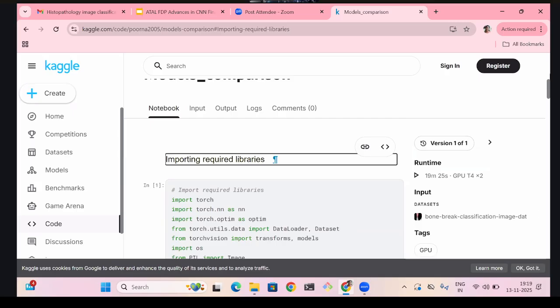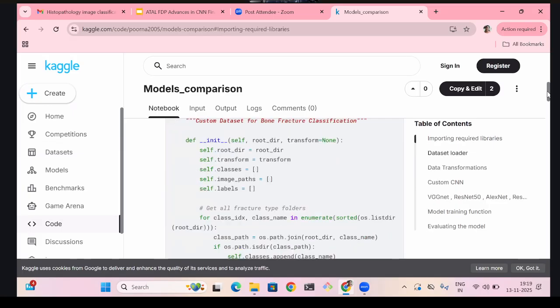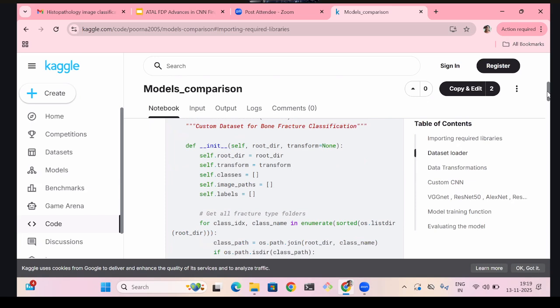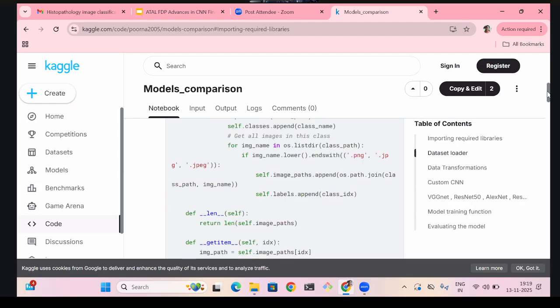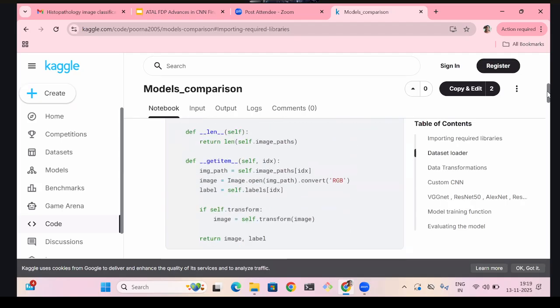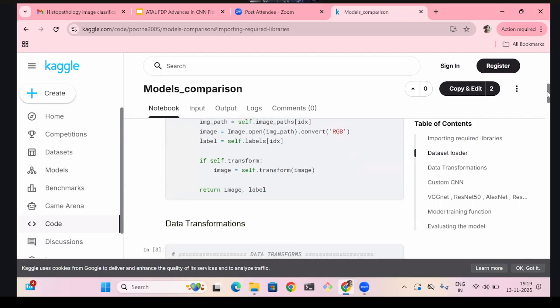So here we are importing the necessary libraries for performing the classification task. Then what we are doing is loading the data set for bone fracture classification. Okay, so we are transforming the gray image into RGB.